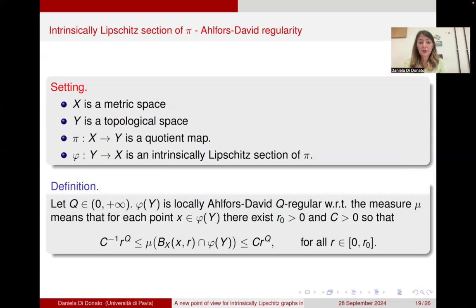I recall the definition of Ahlfors-David regularity. Phi(Y) is locally Ahlfors-David Q regular with respect to the measure mu, meaning that for each point x belonging to phi(Y), there exist 2 constants, R0 and C, larger than 0, so that it is possible to compare the measure of the ball with R power Q.